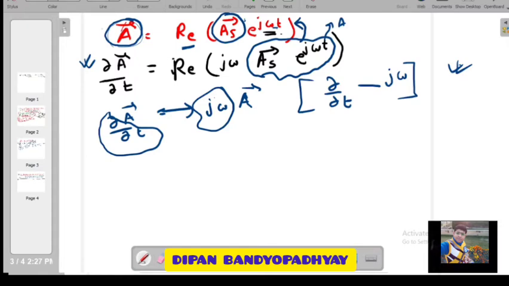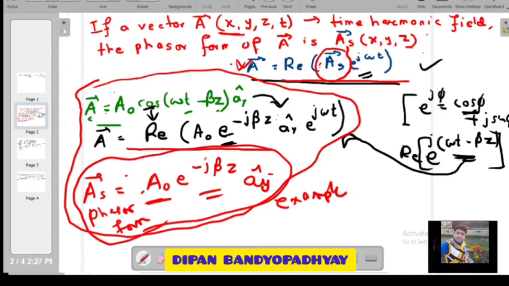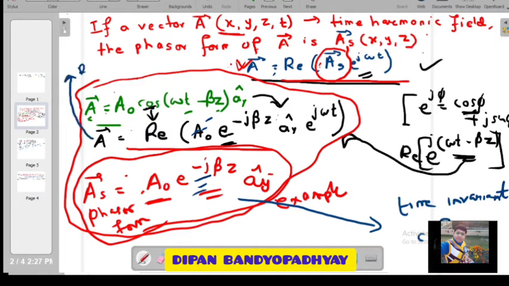So As is time invariant, and it is complex. So if you refer to the previous example what you have taken, from here you can see this As is time invariant. This is not depending on time and complex. Whereas this A, it is real and time variant.